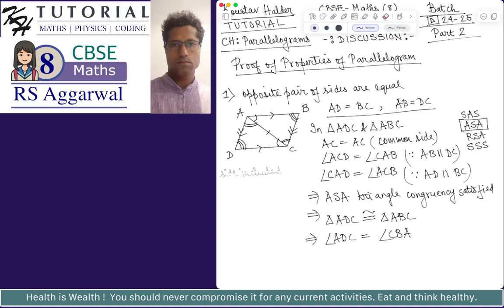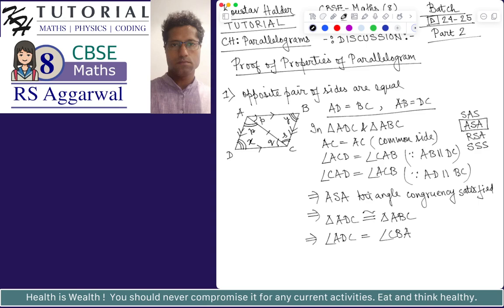Let me give some names, it will be easier to refer to the angles. So let's say this is x, this is y. Even though x and y are equal, I am just giving different names. And let's say this be p, this be q, this be r and this be s.